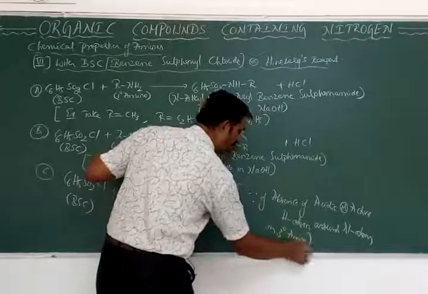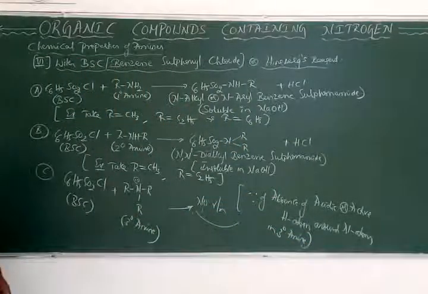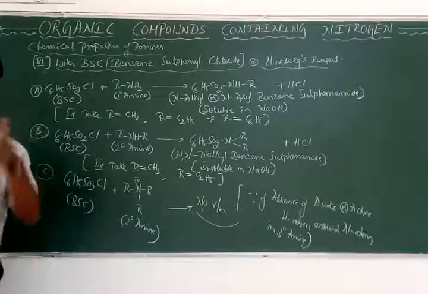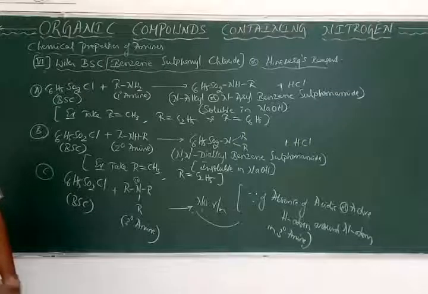Therefore, we can't expect the reaction of tertiary amines with the Hinsberg reagent called benzene sulfonyl chloride. So, this is also one of the chemical tests to distinguish between which and which? Primary, secondary and tertiary amines.